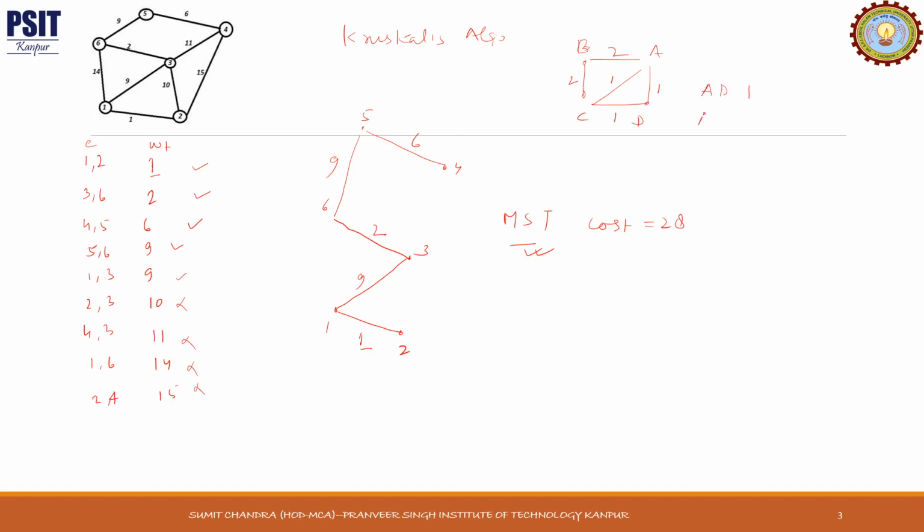So AD is 1, AC is 1, CD is 1, AB is 2, BC is 2. Now if I start adding edges, A and D I have added with weight 1, then I add AC with weight 1. Then see, CD I cannot add because it will create a cycle, so I will ignore this edge. Then I will add AB.